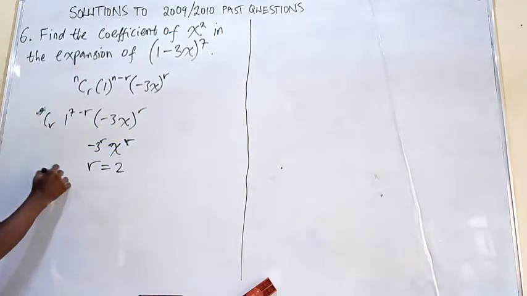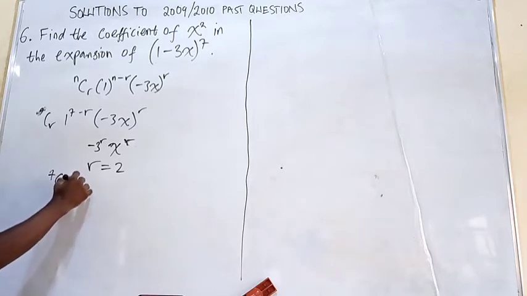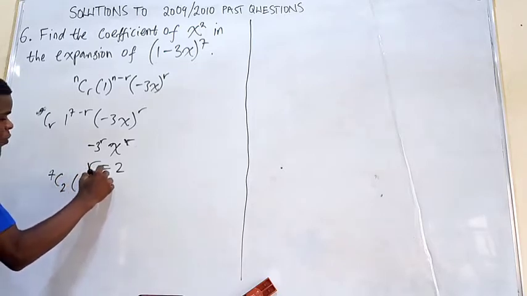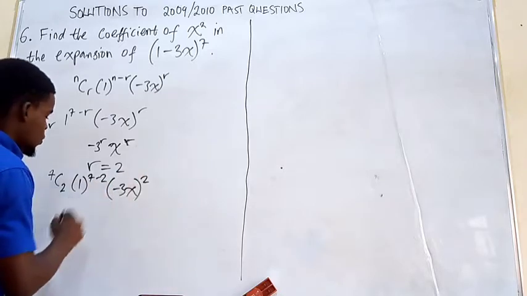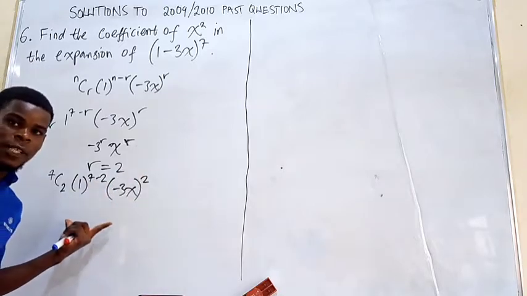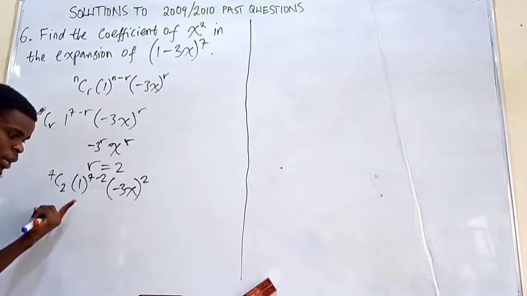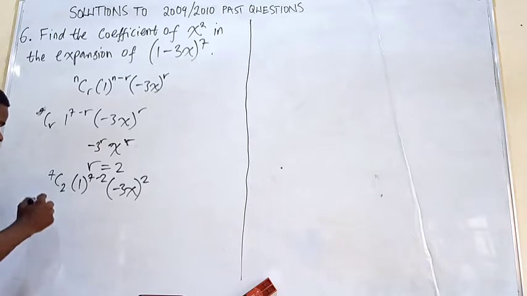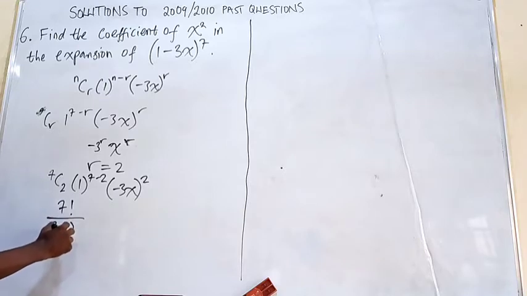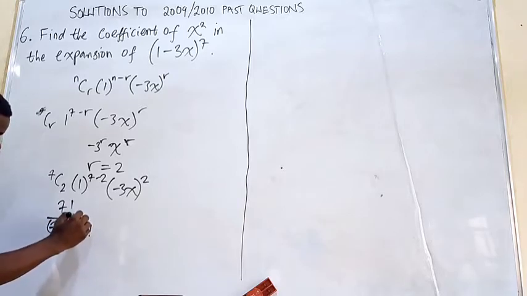That is 7C2, then 1 raised to the power of 7 minus 2, then negative 3x raised to the power of 2. By expanding this, the coefficient of x squared is the result. So 7C2 is 7 factorial over 7 minus 2 factorial, then 2 factorial.